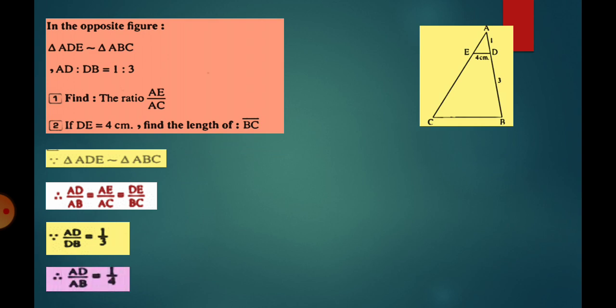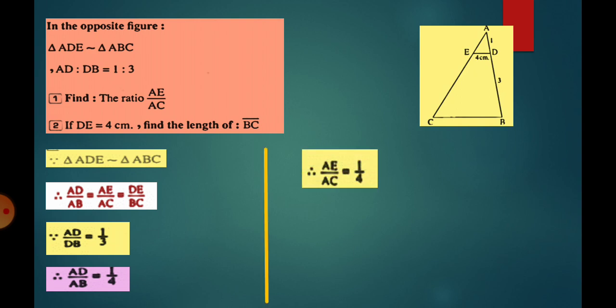Then the ratio between AD to AB equals 1 to 4. You want to find the ratio between AE to AC. AE to AC equals AD to AB, which equals 1 to 4. Then the ratio between AE to AC equals 1 to 4.